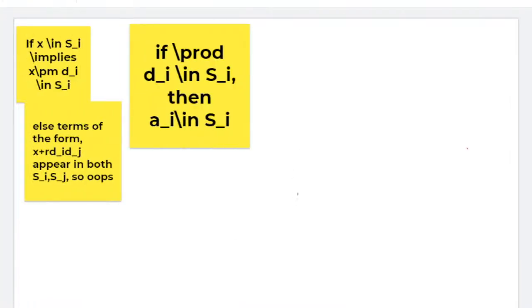I'm saying that A is equal to A1 plus A2 and so on till An. A2, for instance, is the product of all the Di except D2. How do you know that? That's the definition of A2. Okay, go on.